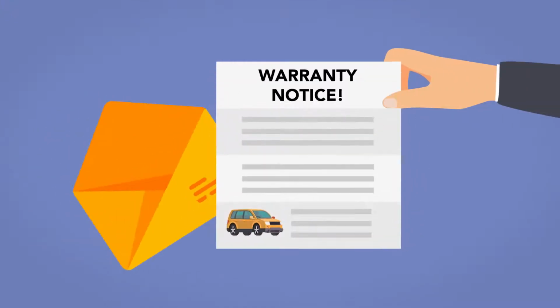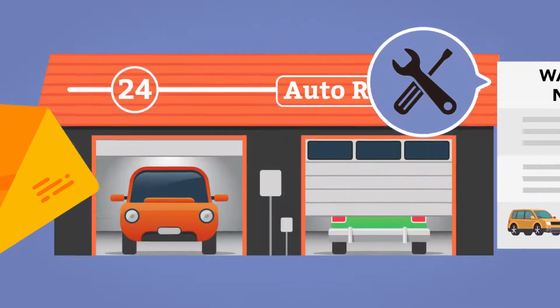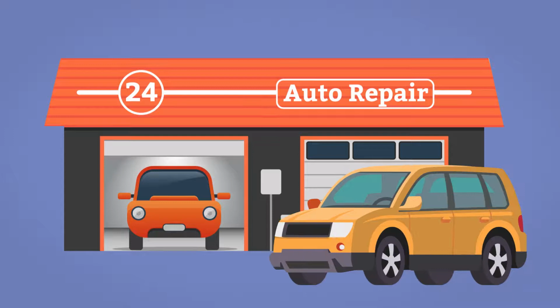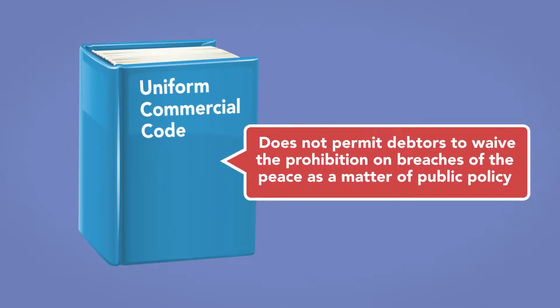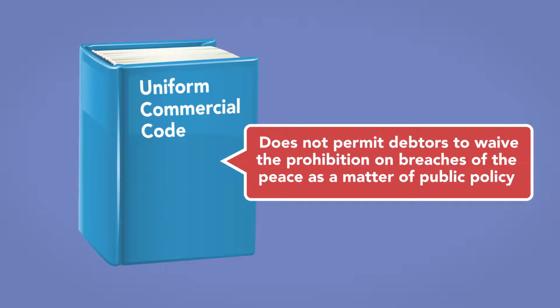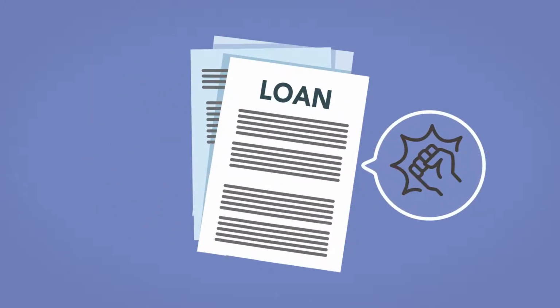In states where deception or trickery is allowed, secured parties might send warranty notices to defaulting debtors, encouraging them to bring the collateral in to a service center for repair or upgrade, leading the debtors to hand over collateral voluntarily. Although some secured parties have tried it in the past, the current UCC does not permit debtors to waive the prohibition on breaches of the peace as a matter of public policy, so a provision in a loan agreement allowing repossessions that breach the peace would be invalid.